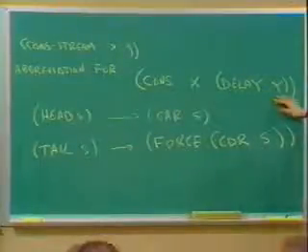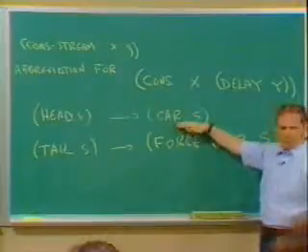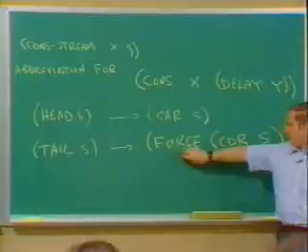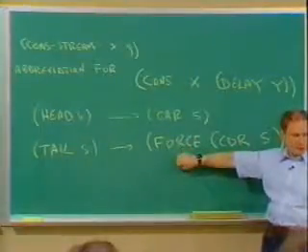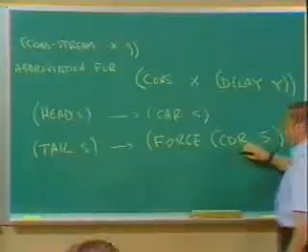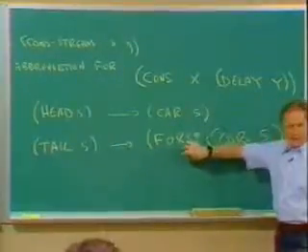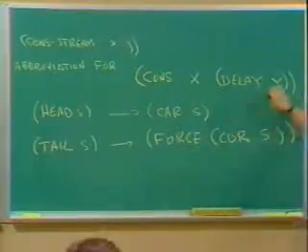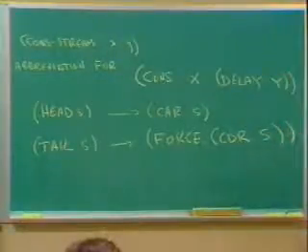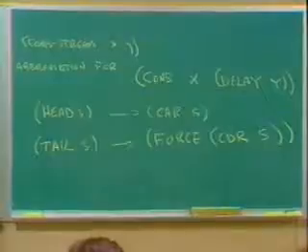Now if I want the head, that's just the car that I put in the pair. And the key is that the tail is going to be force calls in that promise. Tail says, well, take that promise and now call in that promise, namely compute that thing. That's how this is going to work. That's what cons-stream, head and tail really are.